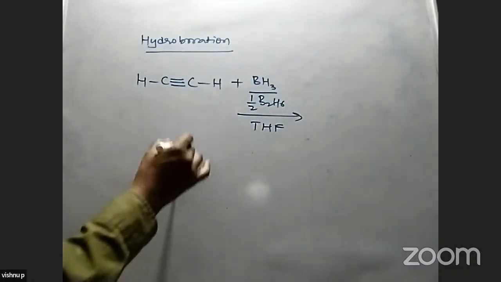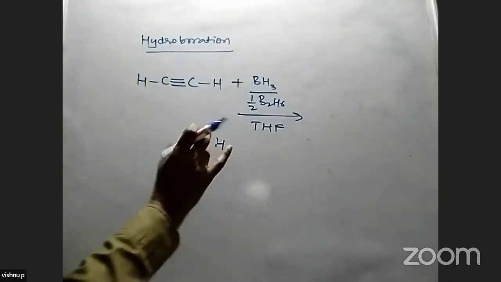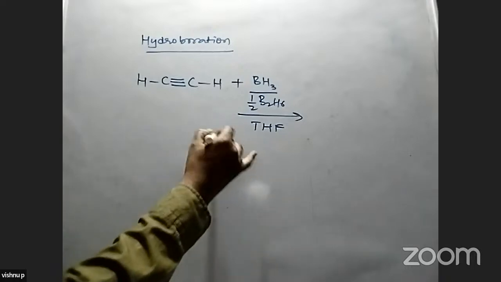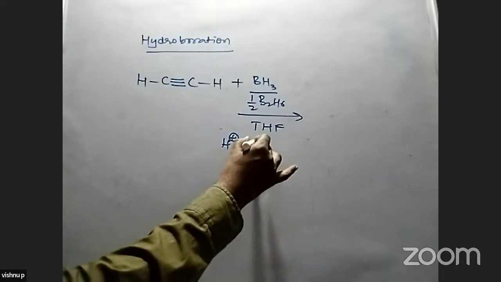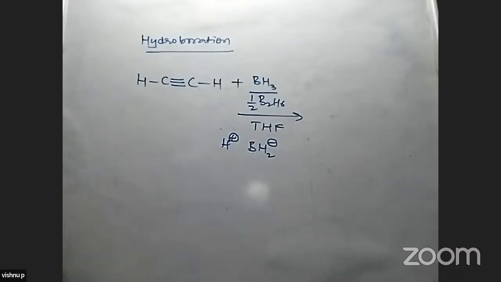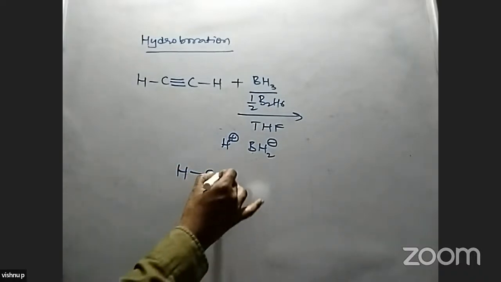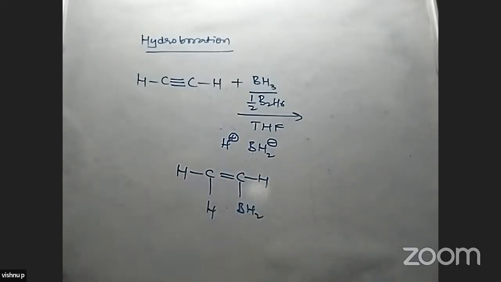This BH3 is dissociated into H plus and BH2 minus, because boron is more negative. So in this case, H is added to one carbon and BH2 is added to the other carbon. So we get this compound.